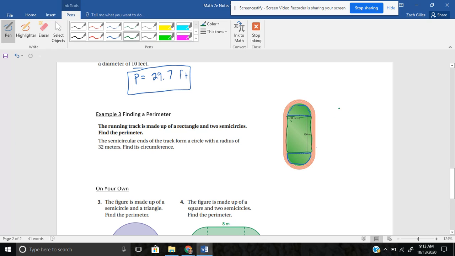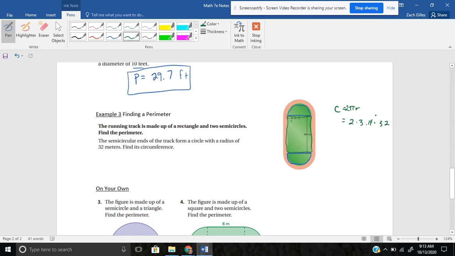So our circumference formula, circumference equals pi times diameter, and when we're given radius, remember 2 times the radius is the diameter, so 2 pi r. So 2 times 3.14 times, what is my radius? It is 32 meters.